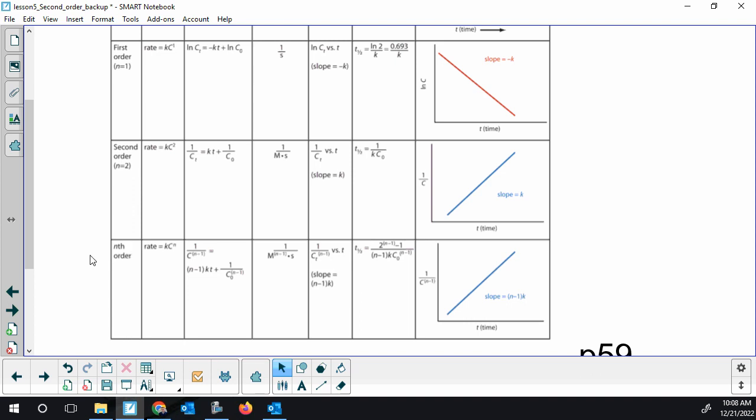I wouldn't go too deep into the nth order, but you should really be comfortable with the first and the second order. That's likely to dominate your questions on assessments and quizzes.